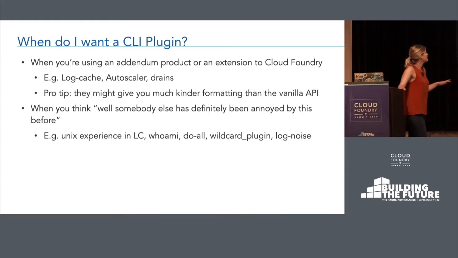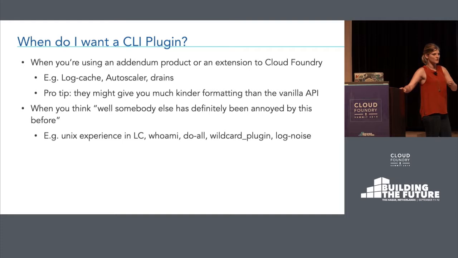There are so many plugins that have explanations on your repo plugins command that I'll show you that say, hey, this is just so you can use a wildcard in deploying your apps or deleting your apps.